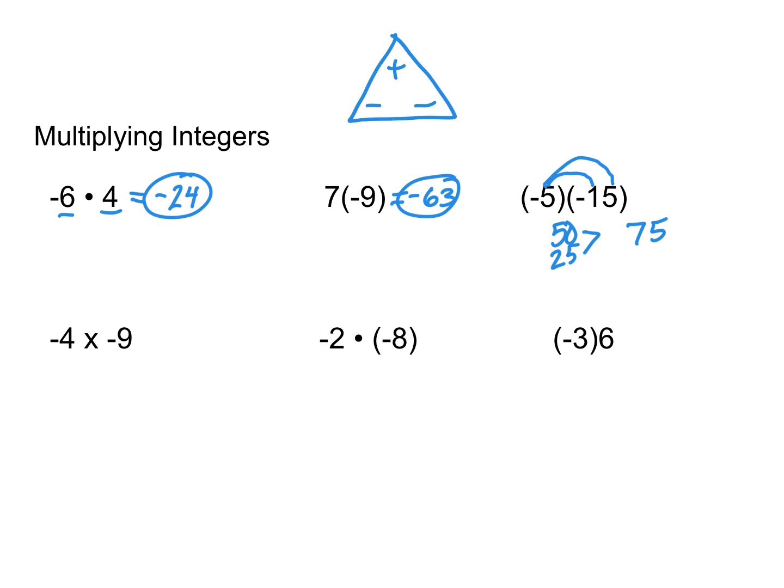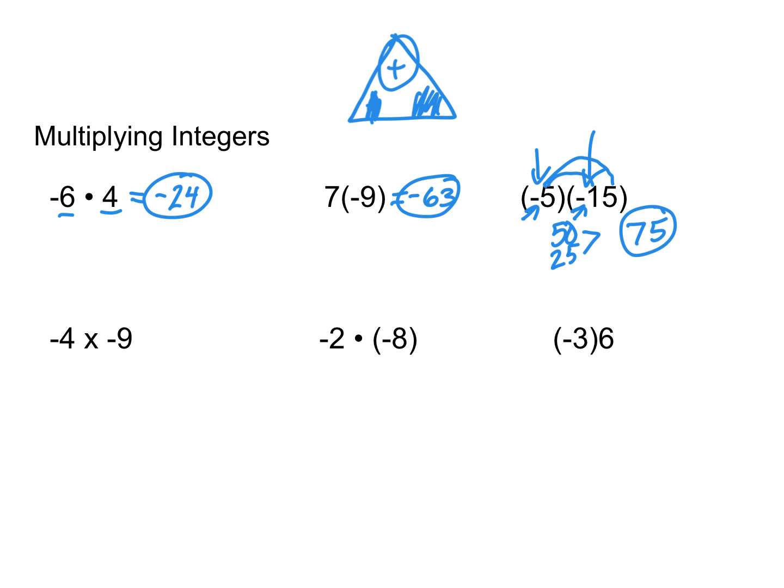Now, is it positive or negative? Well, I've got a negative here and a negative here. Those are the same, and same is good. Think of my best friend. We're the same, and that's great. We're not really the same, but it's a way to remember it. So here, if I'm using this triangle for the negative, negative, I would cover up a negative, and see how I'm left with a positive.